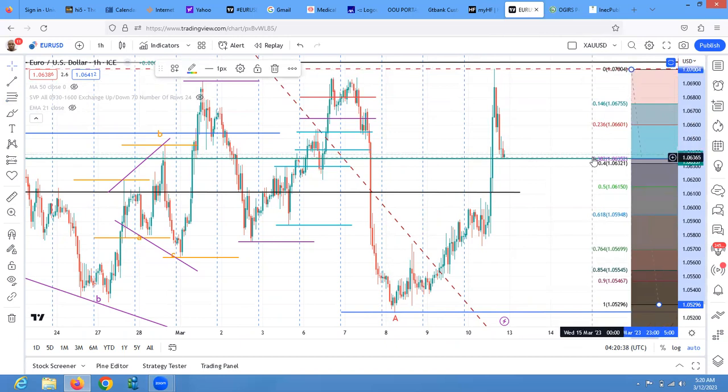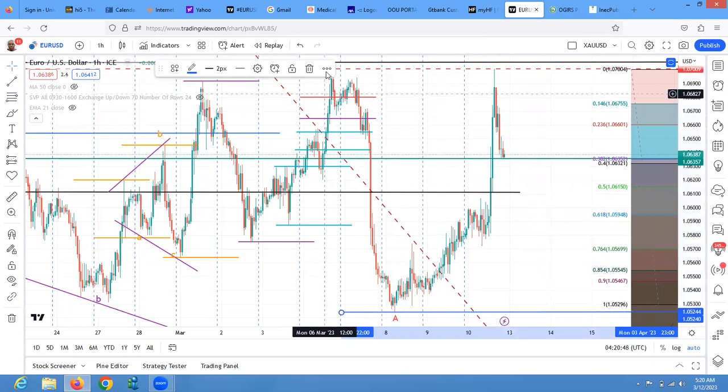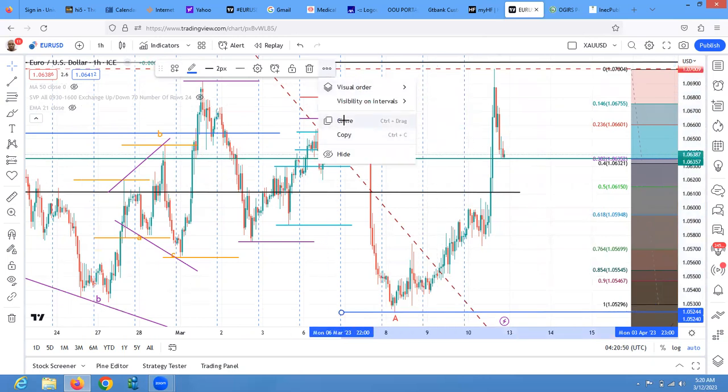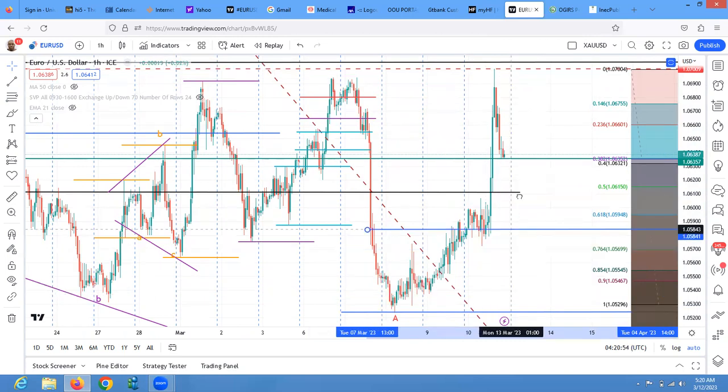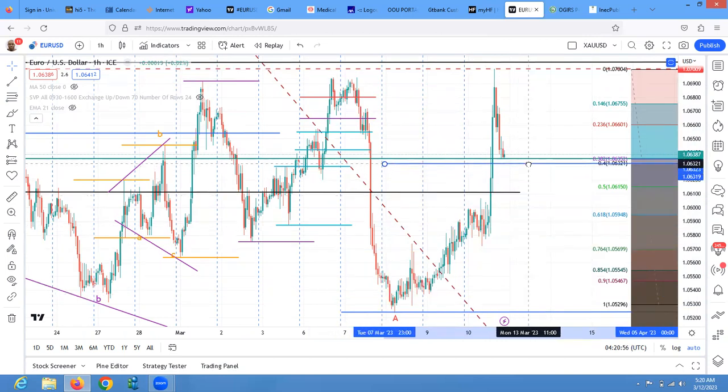Now, this is at 38. Once it breaks this level of price, knowing that you are in for a correction, it's more of a correction. That's what you should be expecting. Once it breaks this level, this is 40.